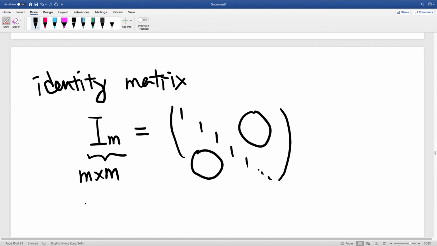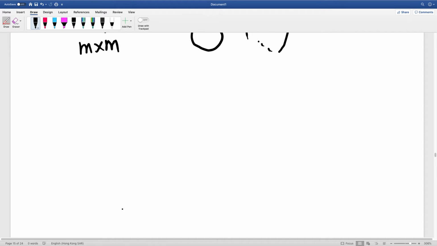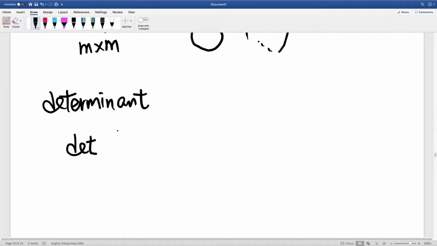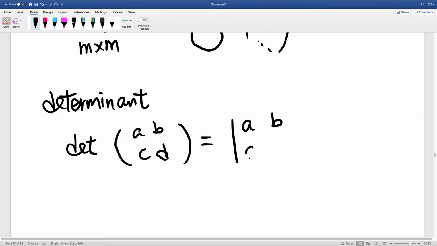And then let's go on to the next topic, the determinants. The determinant of a matrix, we write it like this. Let's say A, B, C, D. The determinant can use a simpler symbol: we use two straight lines.